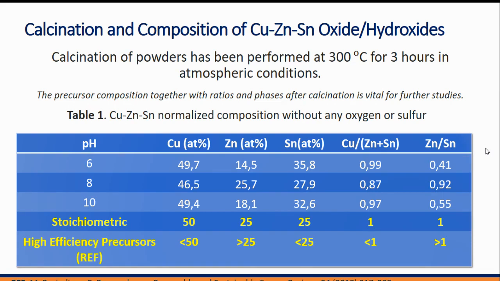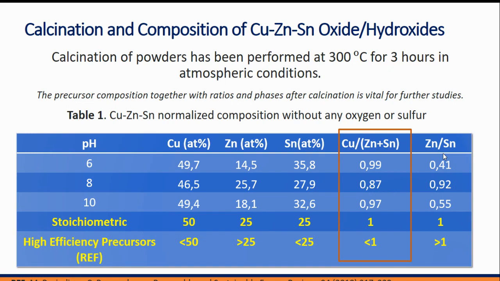As you can see, we have the stoichiometric values and some of the high efficiency precursors from the references, and also we have the results for our compositions at pH 6, 8, and 10. And in all samples, we were able to reach copper poor results.